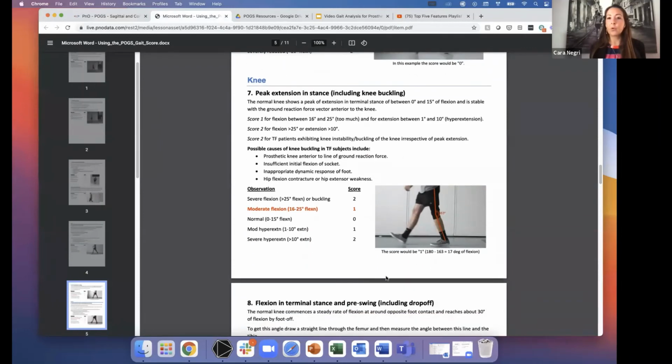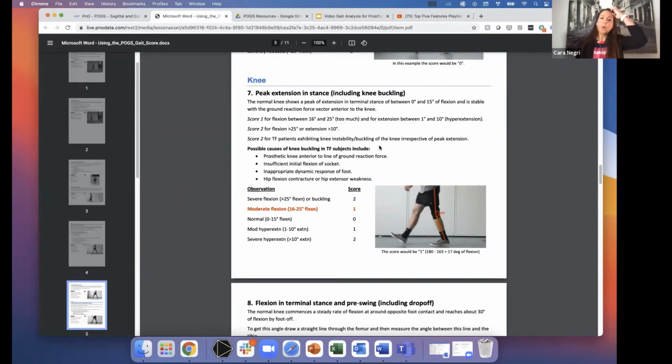So again, we're looking for any knee buckling. If a person wearing a prosthesis is not safe, or maybe they've developed a hip flexion contracture and now they are no longer able to completely extend that knee, then this would be where we would see some of that score for our transfemoral patients.